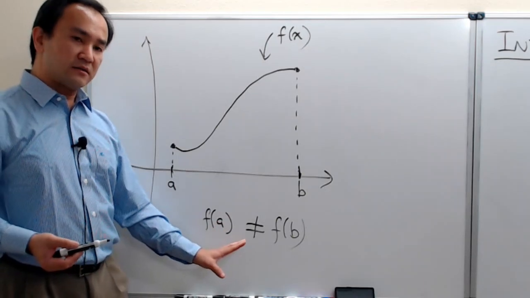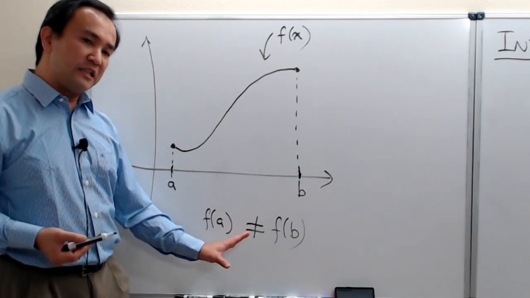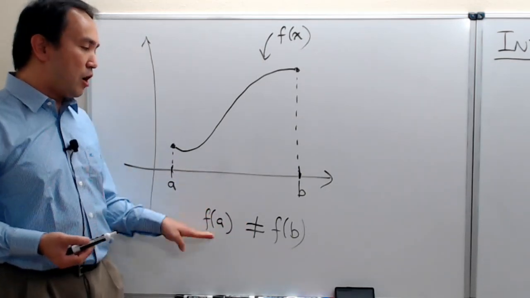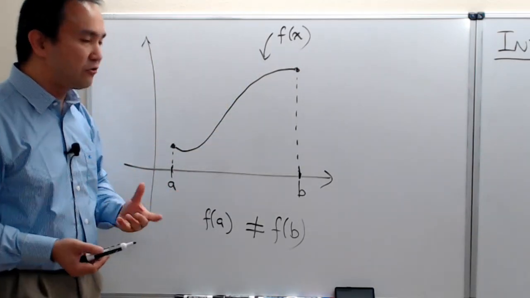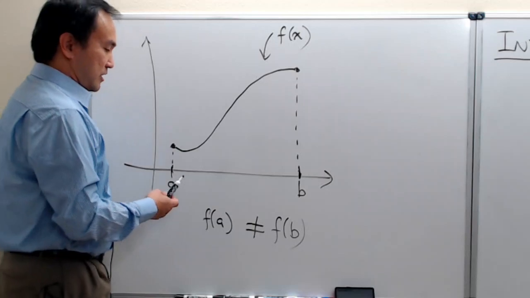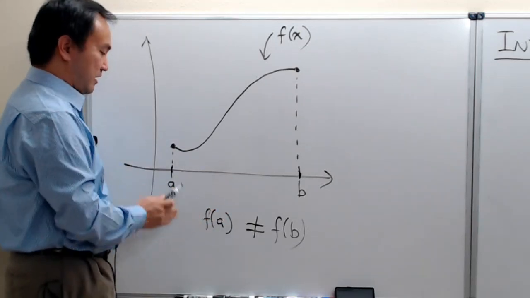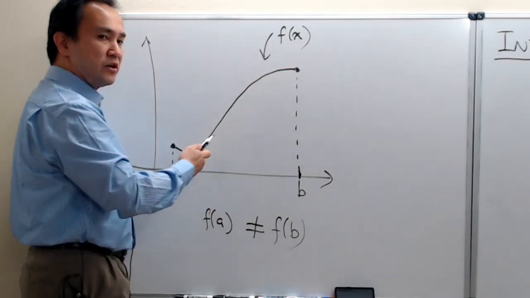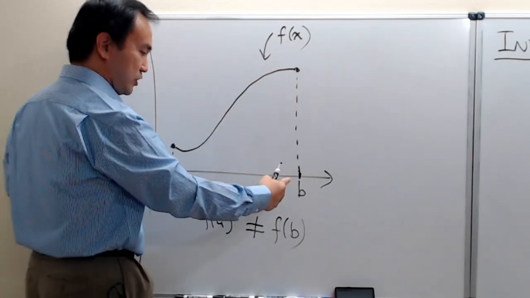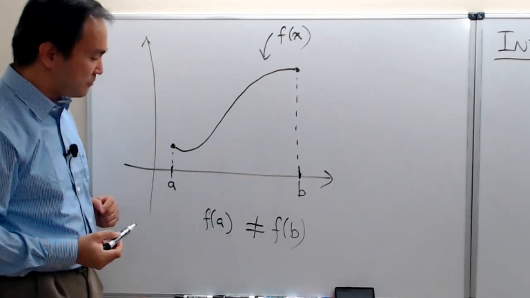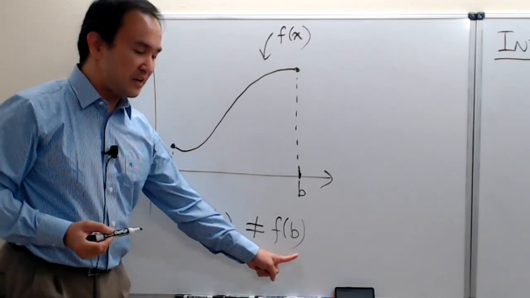But we don't necessarily need f of a to be lower than f of b, or f of a to be higher than f of b. It's not the key requirement. Basically, the function has to maintain its continuity inside of this interval, and the function outputs at the two endpoints need to be different values from each other.